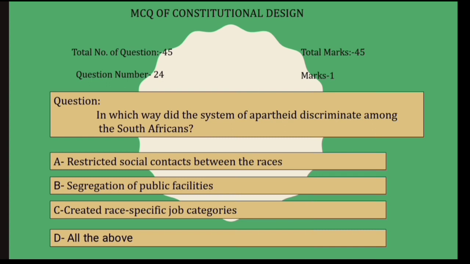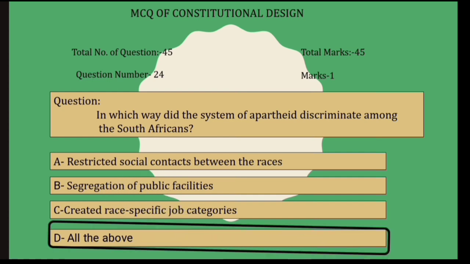Question 24. In which way did the system of apartheid discriminate among the South Africans? Option A. Restricted social contacts between the races. B. Segregation of public facilities. C. Created race-specific job categories. D. All of the above.